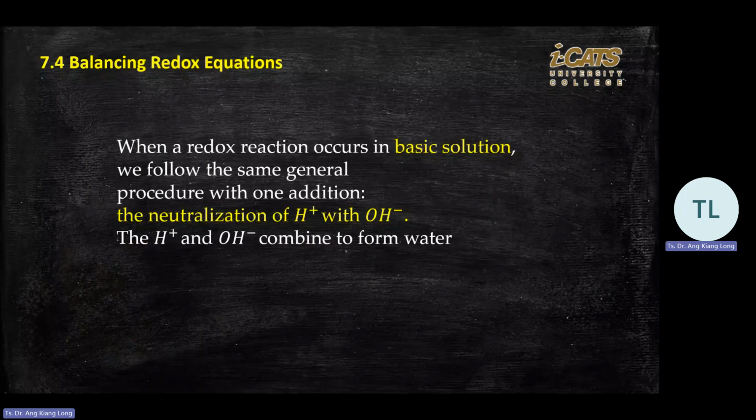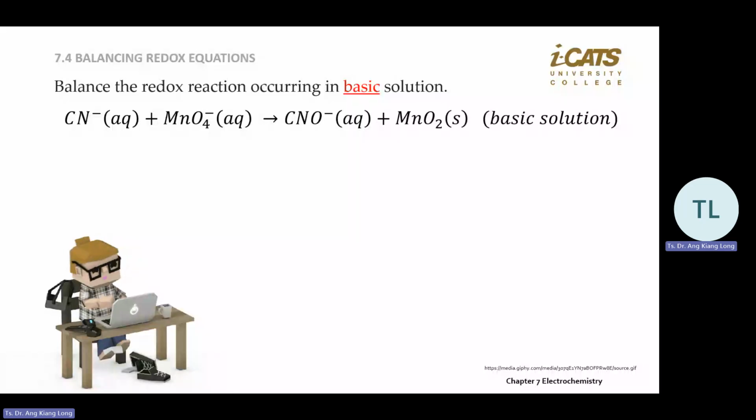So let's see. Because in this one you see H and O. By following the previous steps, O and H, O and H, you need to consider this one also. So let's see this example.